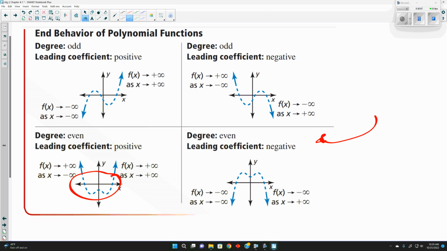And really all that's saying, x, the values we're plugging into it. As I plug bigger values of x into the function, this graph, as we go this way, will go up. It'll eventually go up at a certain point. Now, as x approaches negative infinity, as I plug in smaller and smaller values of x, the function is going up, because eventually they're going to both go up at some point.